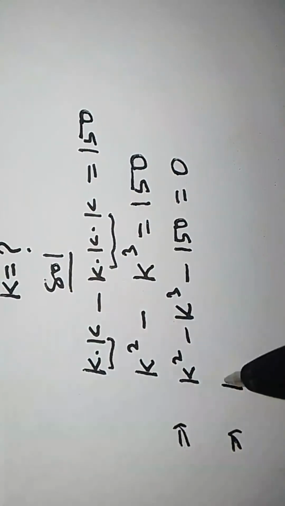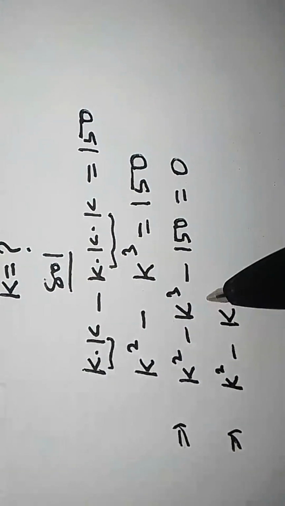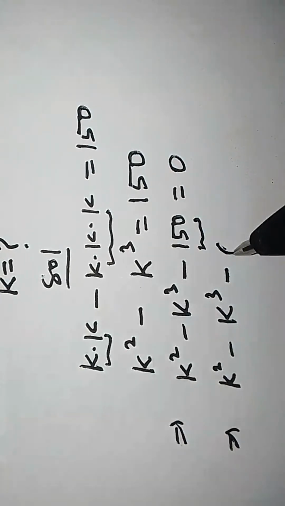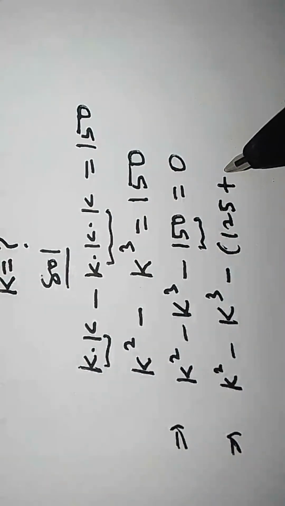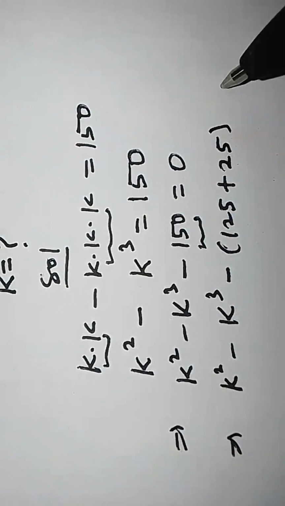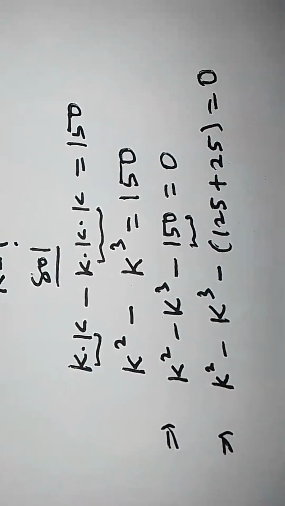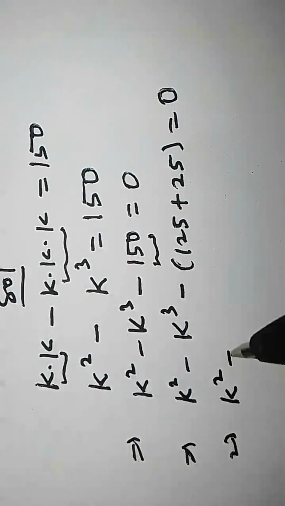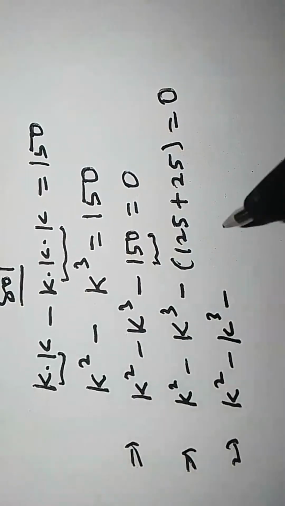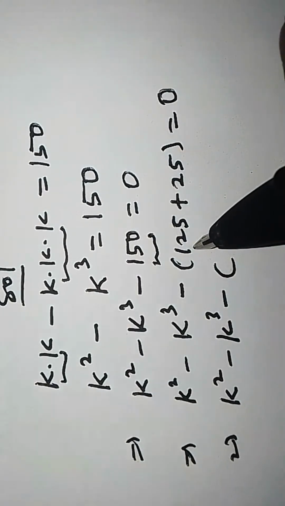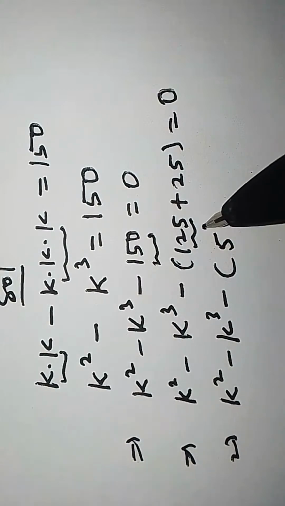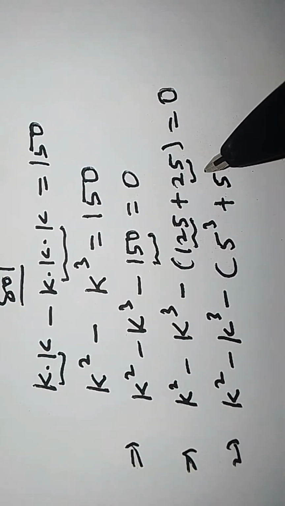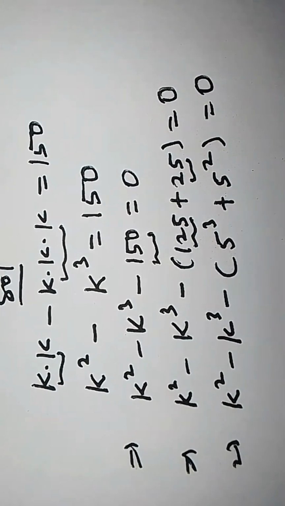So we have K squared minus K cubed minus 150 could be written as K squared minus K cubed minus (125 plus 25), equal to 0. We can also rewrite 125 as 5 raised to 3, plus 25 could be written as 5 squared, close the bracket, equal to 0.